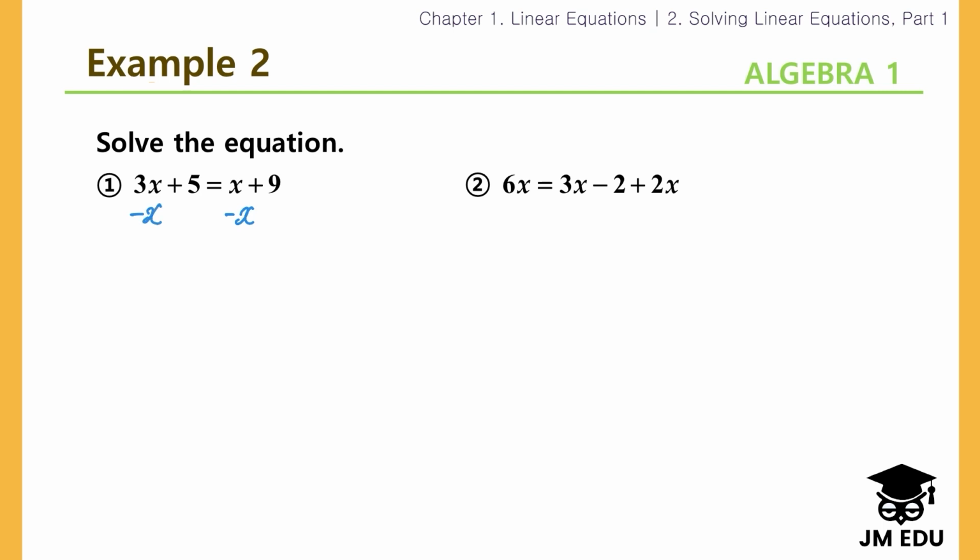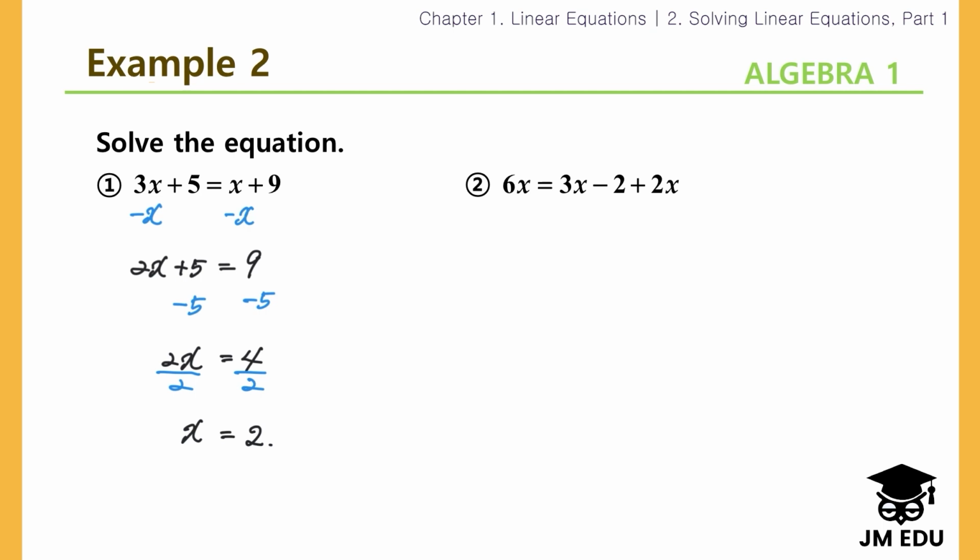Then we'll have 3x minus x, that's 2x plus 5 is equal to x minus x, that's 0. So we have 9, right? Now eliminate 5 by subtracting 5 from each side. So 2x is equal to 4. Now dividing by 2 gives us x is equal to 4 divided by 2, that's 2, right? So the answer for this equation is 2.